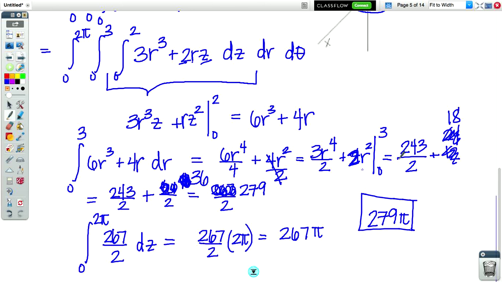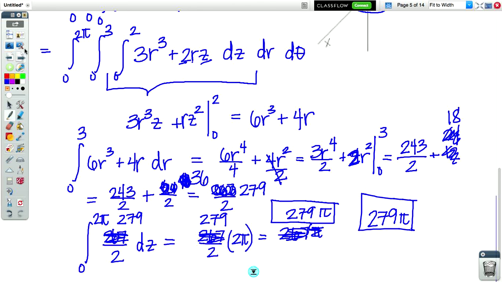Okay, 2r squared when I plug in 3, r squared is 9, times 2 is 18 on try number 3. 18 is 36 over 2, and that gives me 279 over 2. So then when I integrate 279 over 2, this becomes 279. This becomes 279 pi. Perfectly executed example, as always.